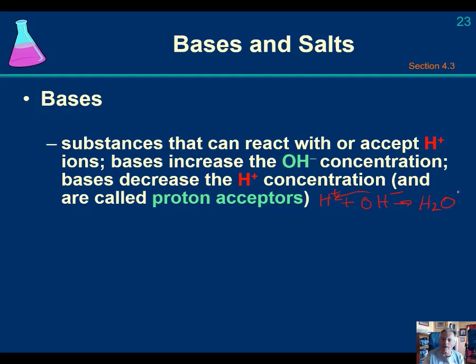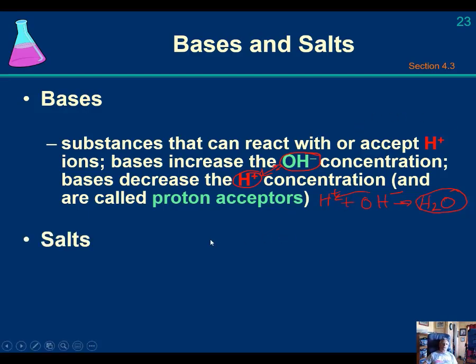How do they neutralize each other? They get together and they make neutral water. That's what bases do. This is a major reaction, acid-base chemistry. These two guys love each other, and they're always going to get together when they can to make water.